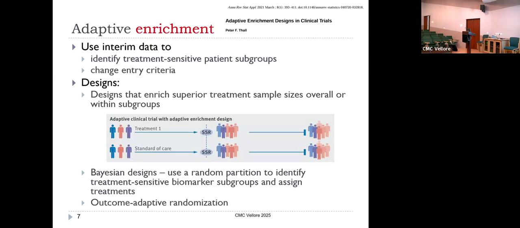We are not sure if elderly people are going to benefit that much. We will look at the elderly after we have 100 elderly. And if it's doing well in the elderly, we will continue this. If it's not doing well in the elderly, we will not recruit more in the elderly.